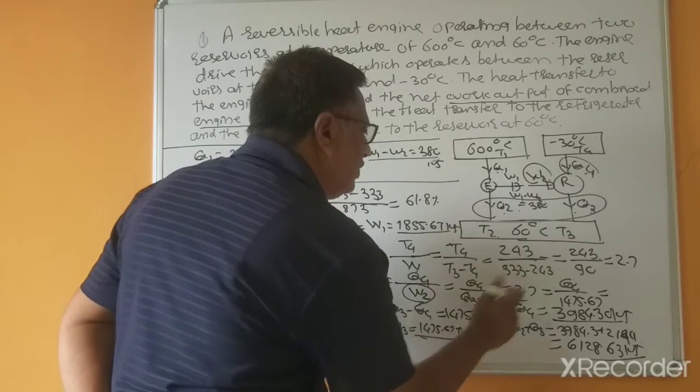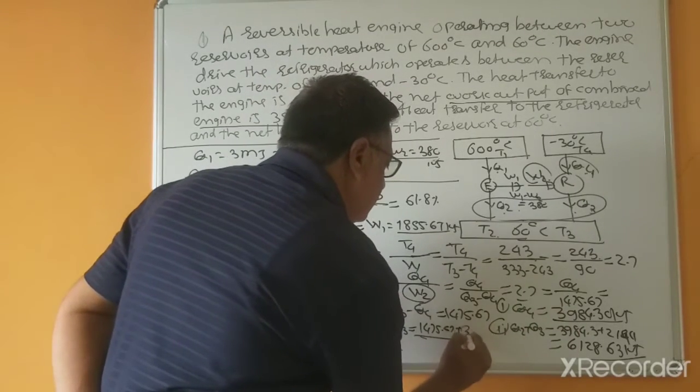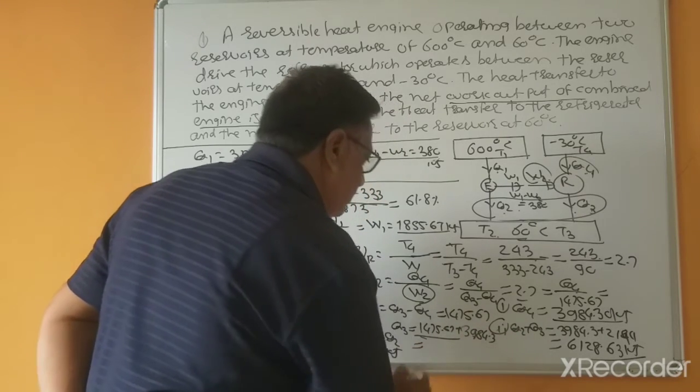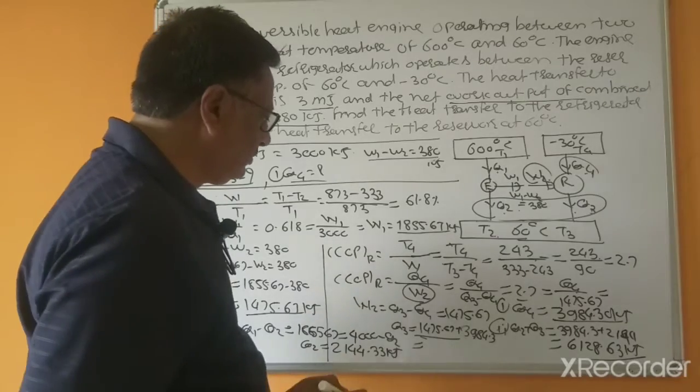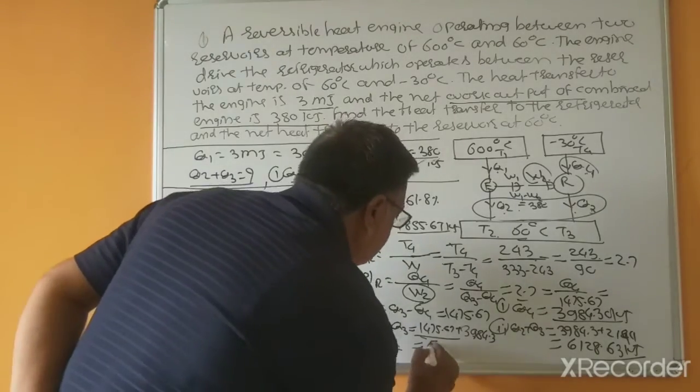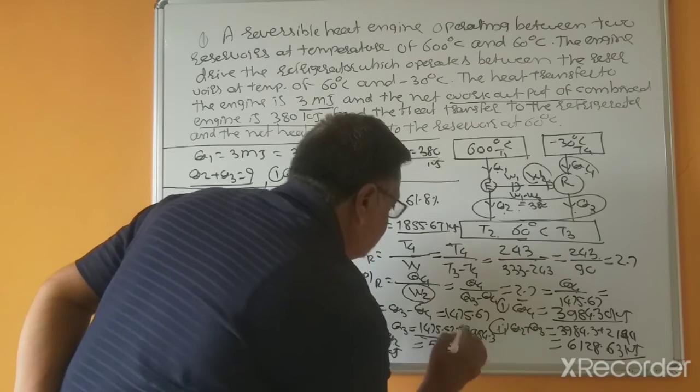Q3 plus Q4 equal to 3984.3, and this is equal to 5460.